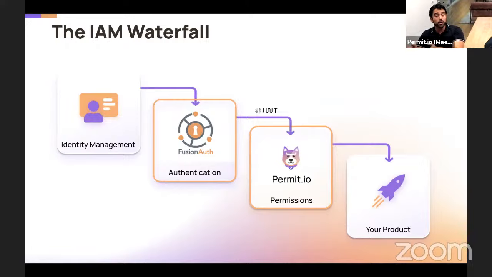So we've taken OPA, we've taken OPAL, and we've built Permit on top. So you have that open source foundation that you can trust, and you have those experiences on top that you can cater to your customers.